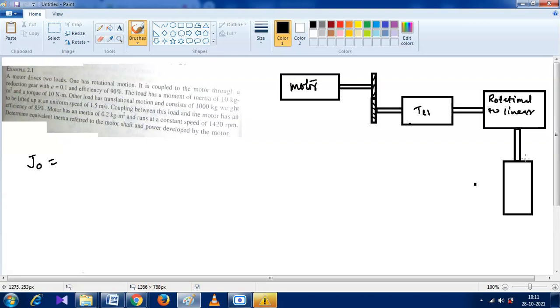This is the conversion system, and this is the mass we are considering here, M1.